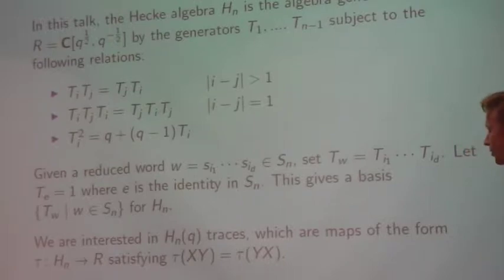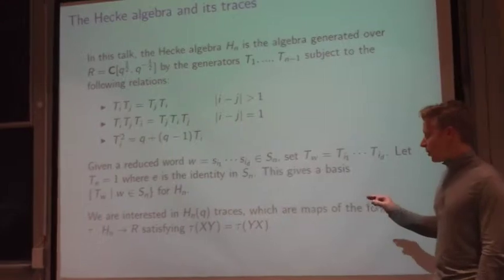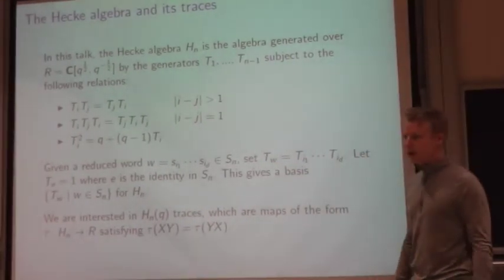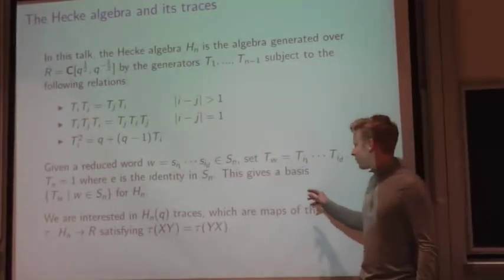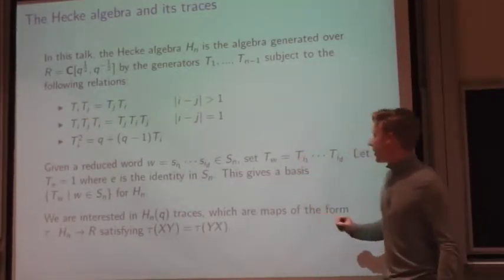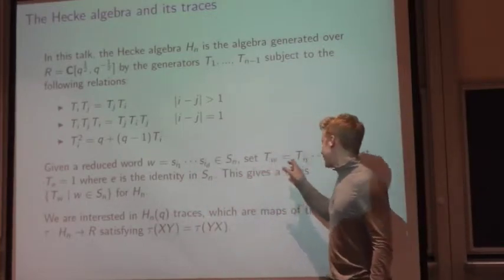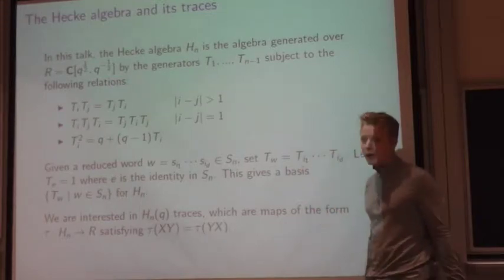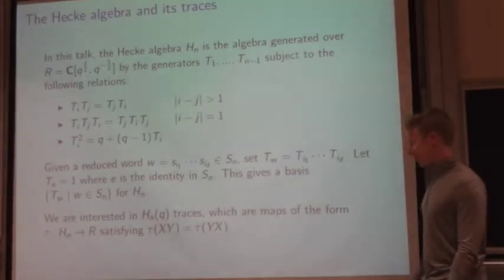A bit of useful notation. Given a reduced word, so that's again a word of minimal length in the generators of the symmetric group, we're going to define the corresponding element of the Hecke algebra. If we have this reduced word s_{i1} through s_{id}, just take the word T_{i1} through T_{id}, the corresponding product of Hecke algebra generators.